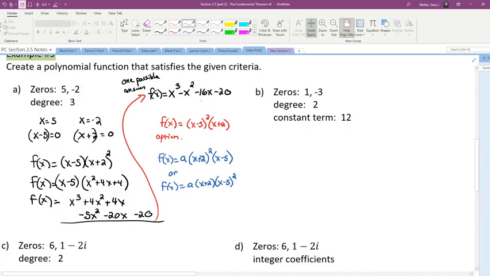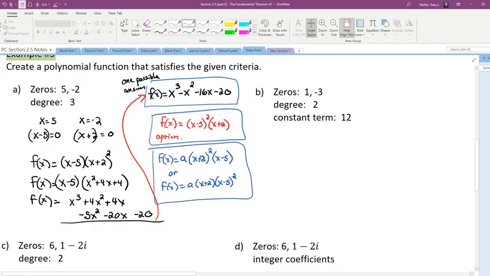Any of these four answers, this answer, that answer, or these answers, which are just the previous two multiplied by an a value, would all have those zeros and have a degree of 3.